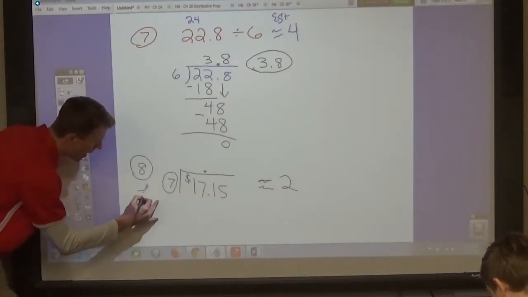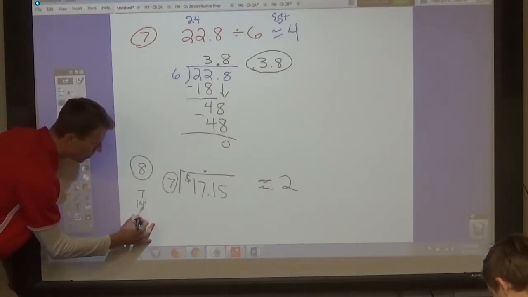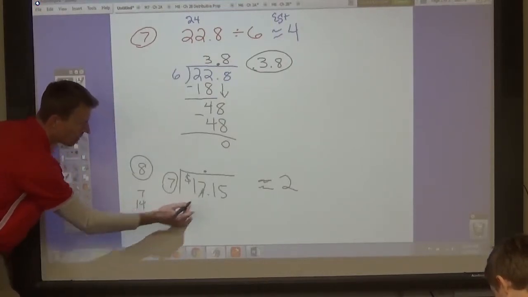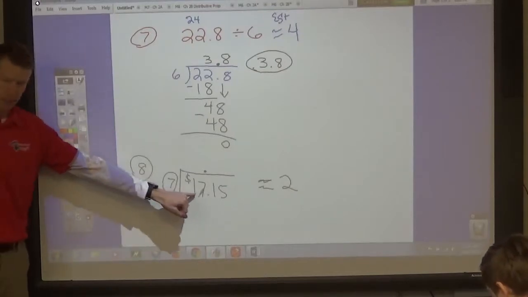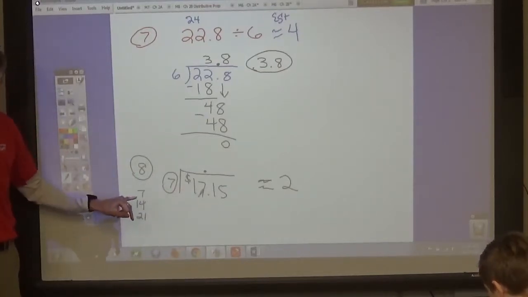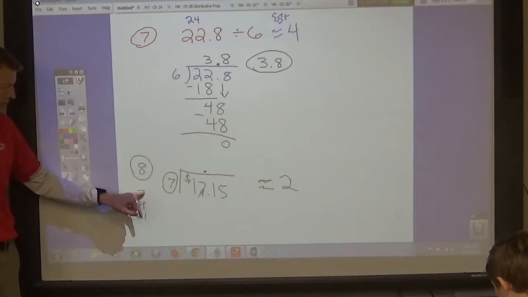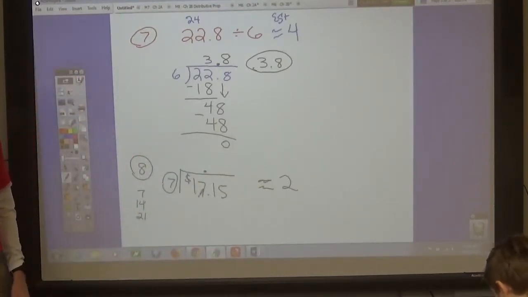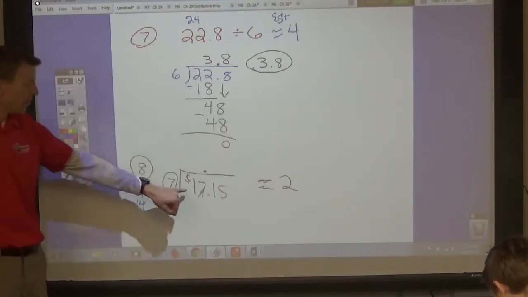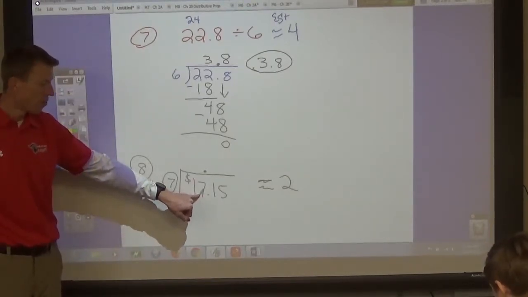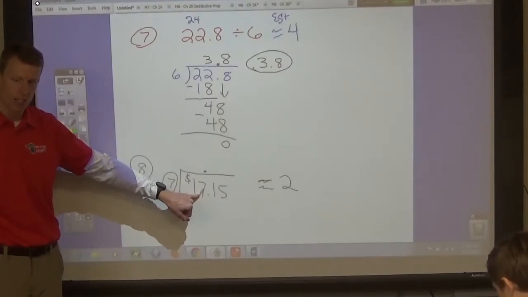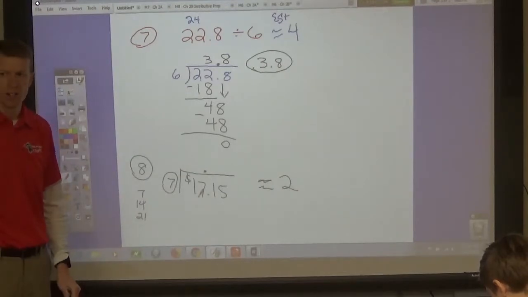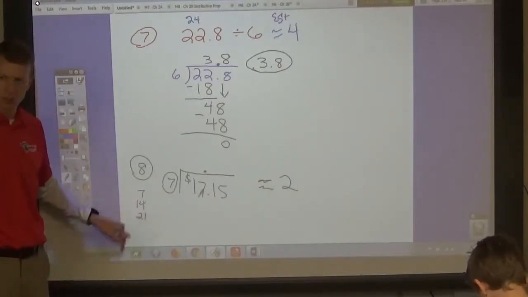So if you add 7, 14, 21, what number is closest to 17? 14. And 7 goes into 14 2 times. So that's how you get the estimate. Well, 17 is 3 away from 14. And it's 4 away from 21. So 14 is a little closer.